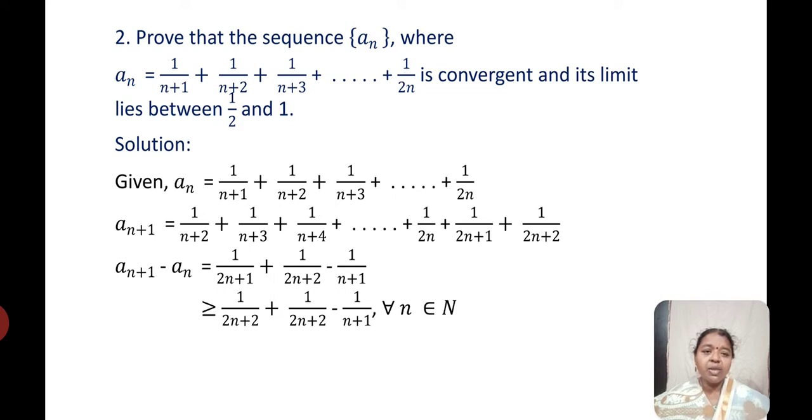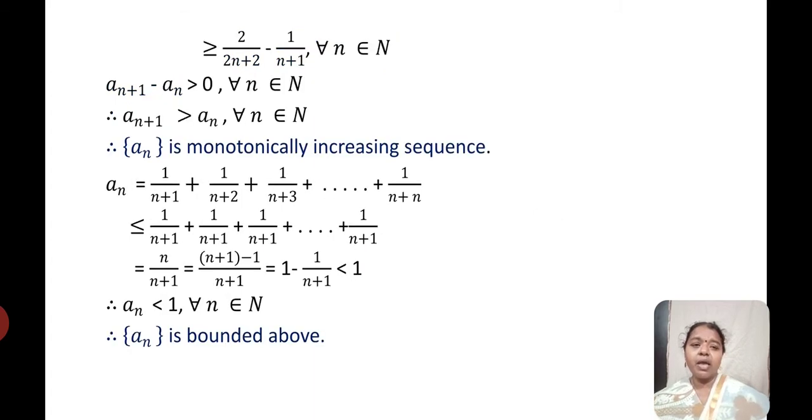This would be greater than or equal to 1 by 2n plus 2 plus 1 by 2n plus 2 minus 1 by n plus 1, which can be written as greater than or equal to 2 divided by 2n plus 2 minus 1 by n plus 1. So I can say an plus 1 minus an is greater than 0, or an plus 1 is greater than an for all n belongs to n. This is nothing but the definition of monotonically increasing sequence.